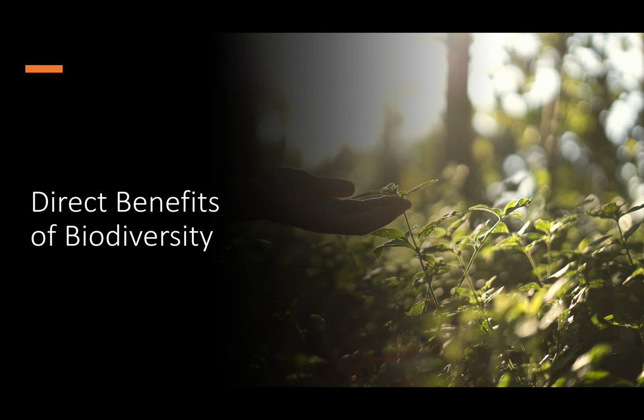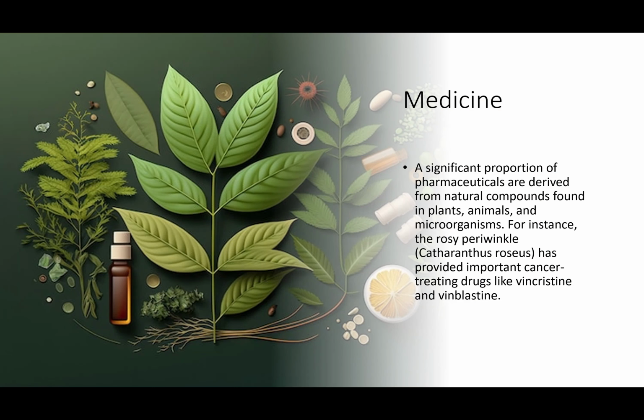Direct benefits of biodiversity. Medicine: a significant portion of pharmaceuticals are derived from natural compounds found in plants, animals, and microorganisms. For instance, rose periwinkle, Catharanthus roseus, has provided important cancer-treating drugs like vincristine and vinblastine.